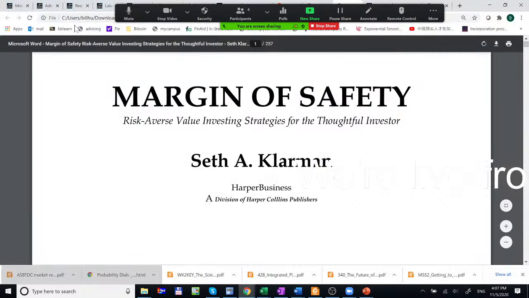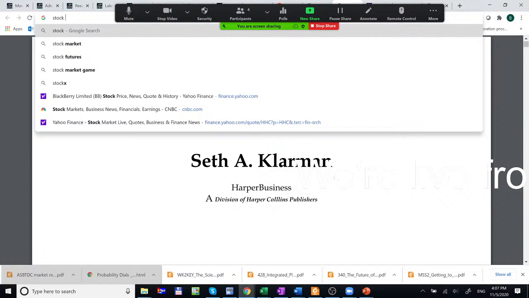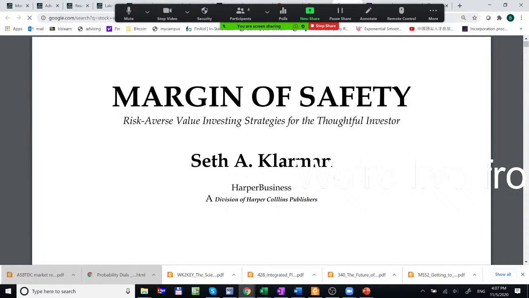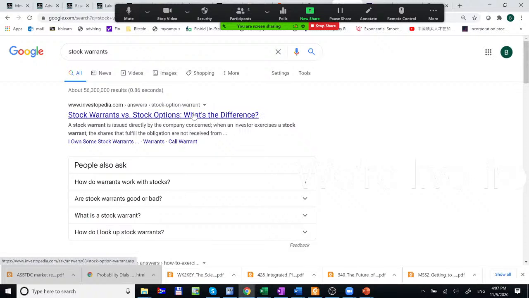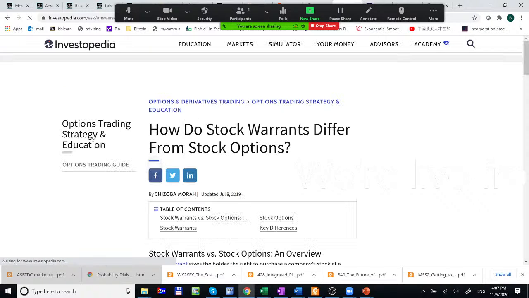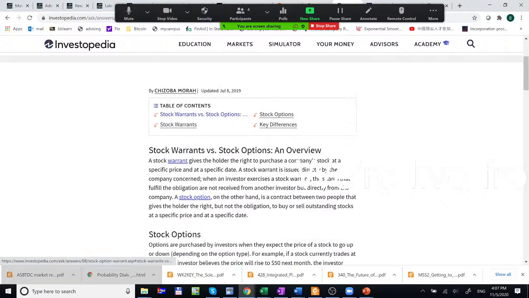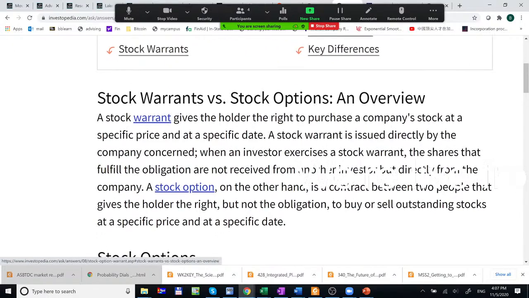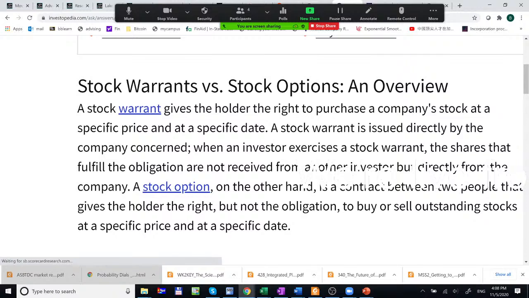I believe there's a definition earlier, but you can search online for stock warrant. So from this description, you see that if you are the CEO, the executive, whatever, you can get this kind of warrant.